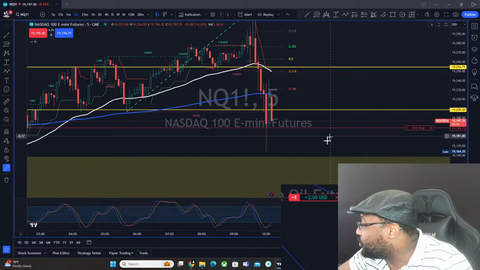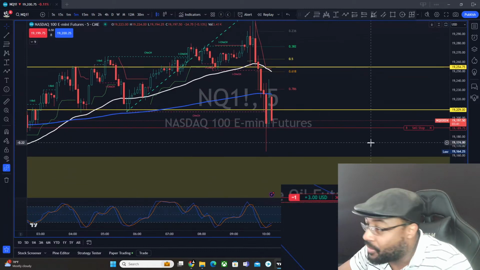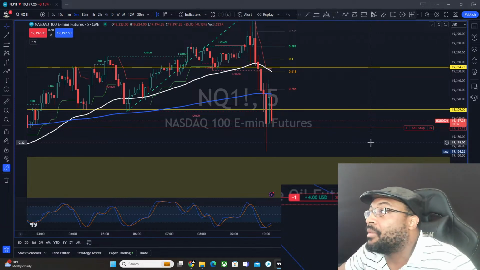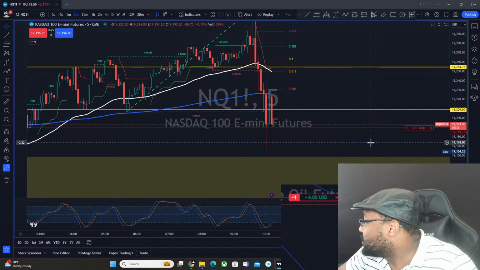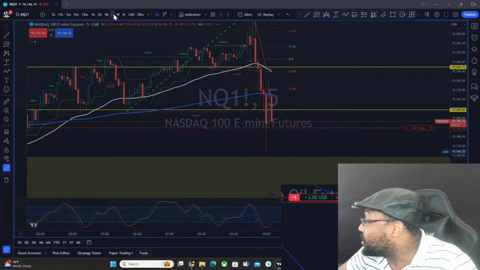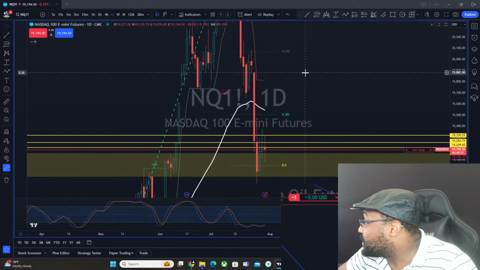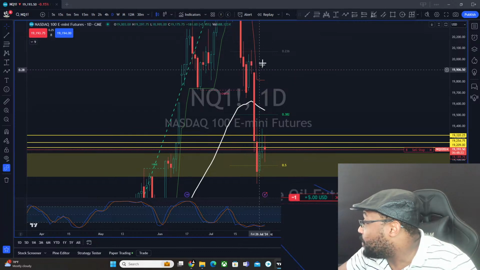But I do believe they want to test this order block. They want to see what happens with that order block in itself. They're not looking to just stop here and then push back up. Now, there is some reasons why it can, especially if we go over to the daily. There is this gap right here. We have not solved this objective down here.